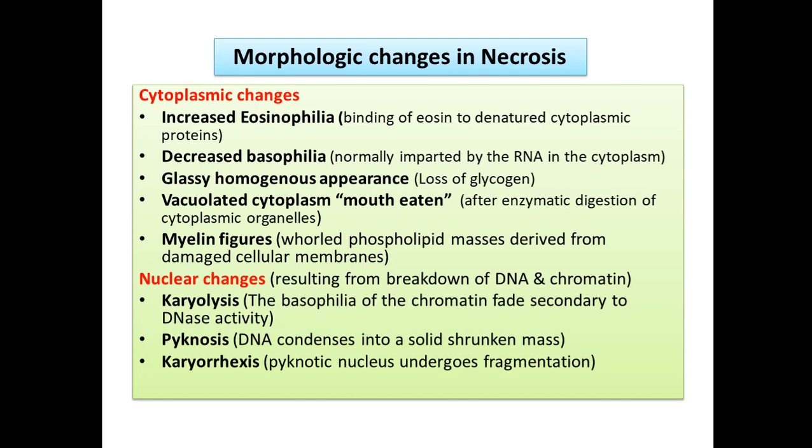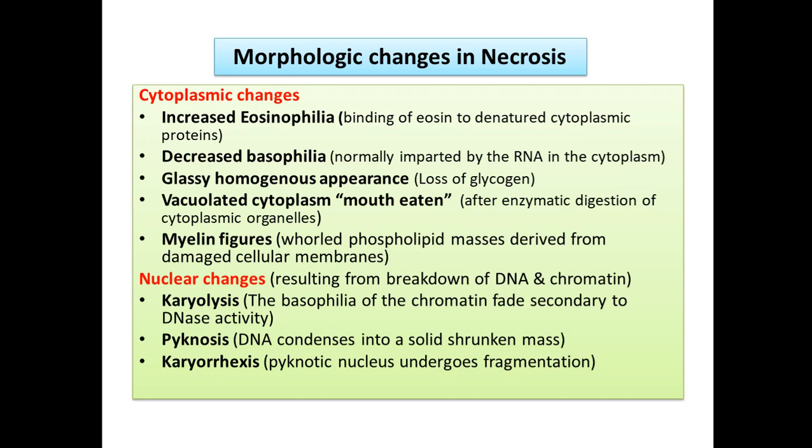Now, morphologic changes: we divide what happens in necrosis into cytoplasmic changes and nuclear changes. The cytoplasm will appear more pink because during tissue processing we treat the tissue with hematoxylin and eosin stain, H&E stain. The eosin stain causes structures to appear pink, and the hematoxylin stain stains the nucleus blue, while eosin stains the cytoplasm.